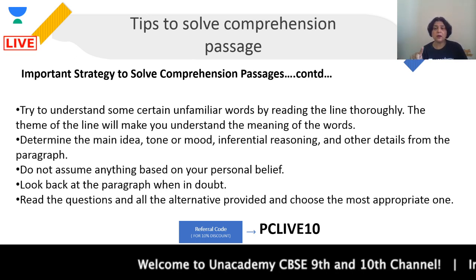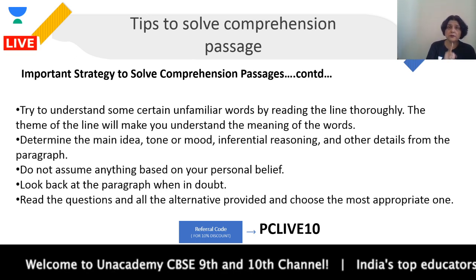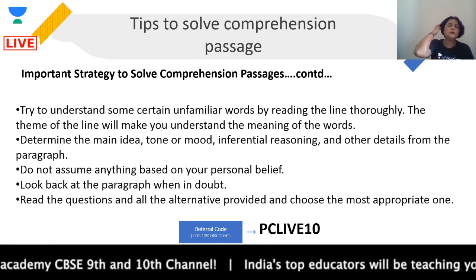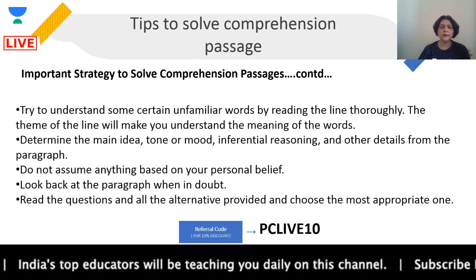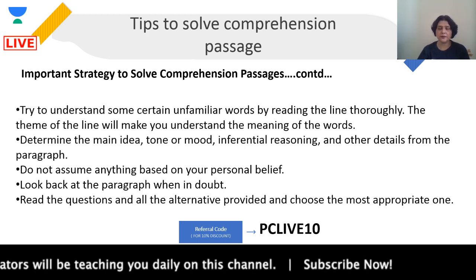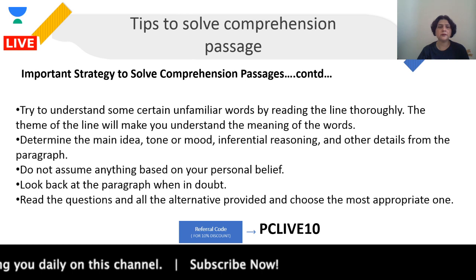This is how you are going to solve questions which ask you the meaning or synonym of words. Determine the main idea, tone or mood, inferential reasoning and other details from the paragraph.